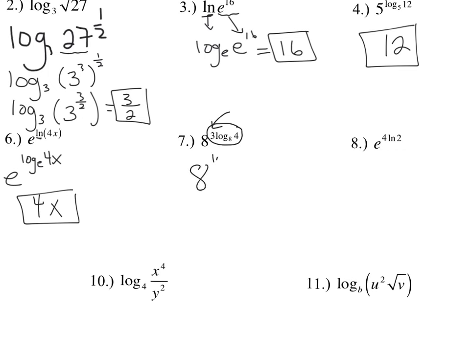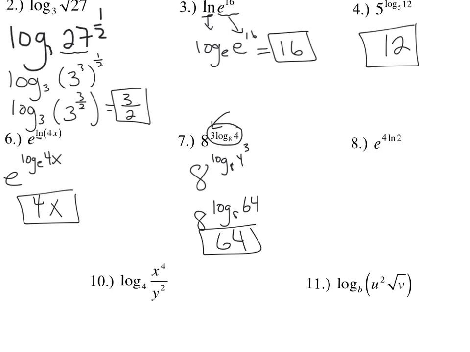I'm going to put it up here as an exponent of the 4. So 4 to the 3rd power I can actually evaluate. So we'd have 8 to the log base 8 of 64. 4 times 4 times 4. And now that's the property where if the base of your exponent and the base of the log are the same, your answer is just 64 in this case.